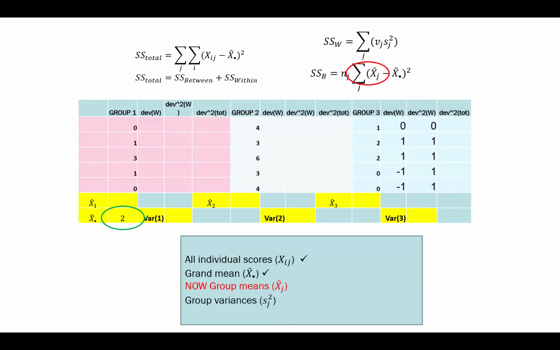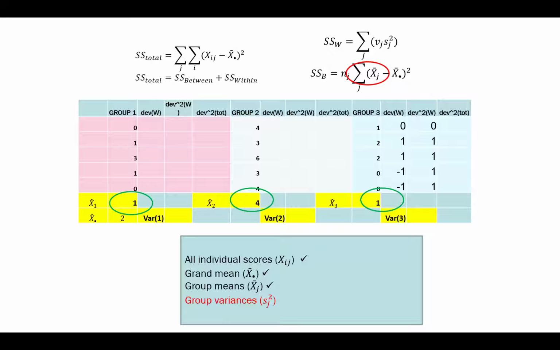Group 1 mean: 0 plus 1 plus 3 plus 1 plus 0, divided by the number of people in a group, which is 5. You can pause and calculate all your group means. Okay, I got the group means in there, circled in green. Check.